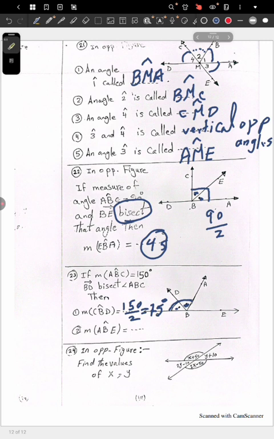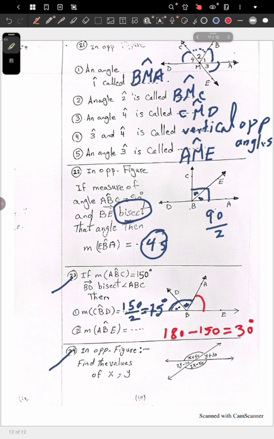That's very, very important. 22, 23, and 24. Okay. How can we find this? The summation of the angles, red and blue, must equal 180. 180 minus 150 is 30. Maybe in the exam the numbers change, but it is the same idea.